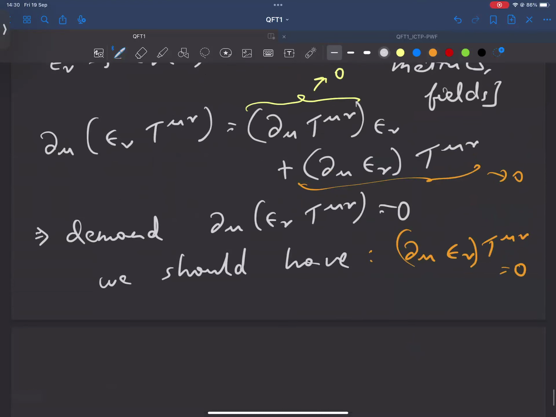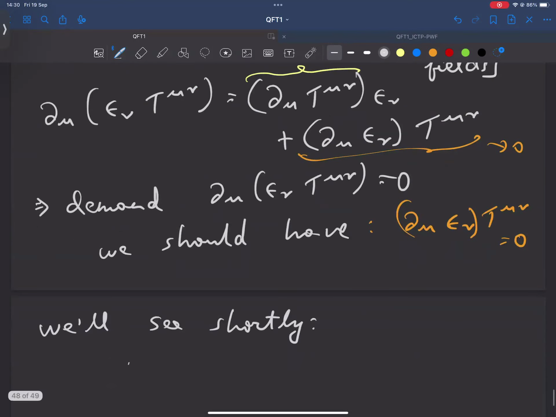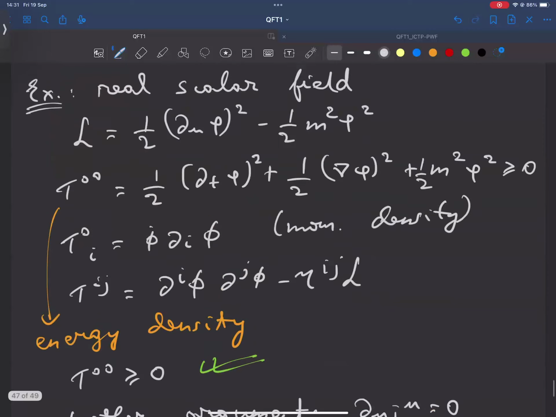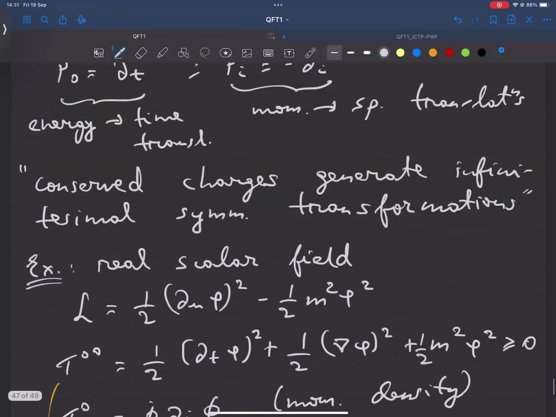I should have said that first, but we will see shortly that T mu nu is a symmetric object in its indices, when they are completely down or completely up. And actually, we already saw that example here.